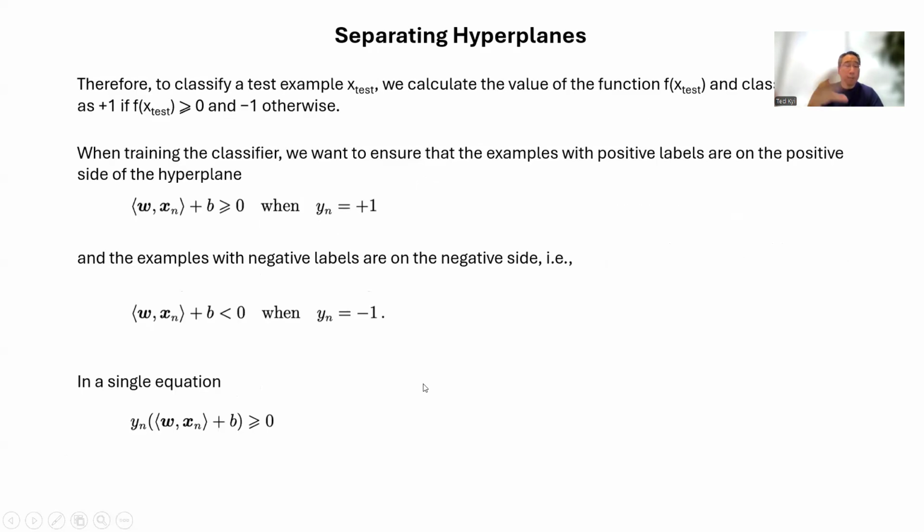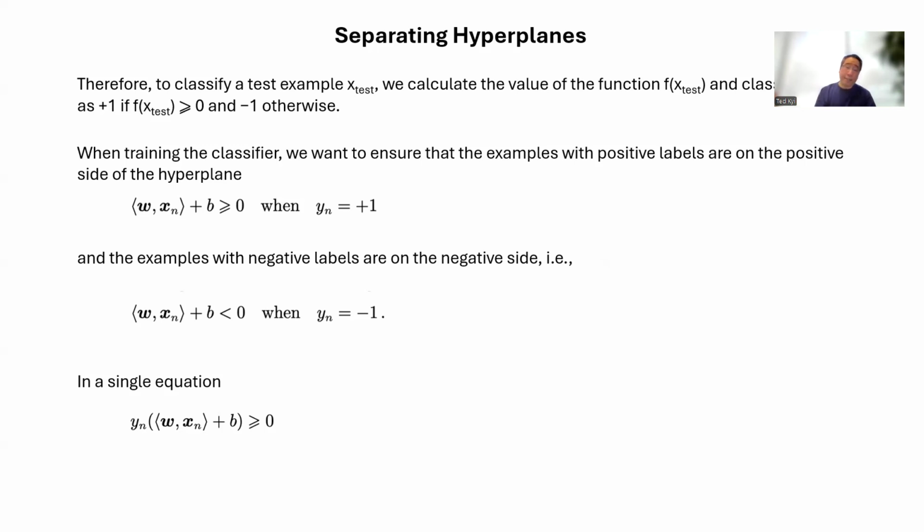All right, so there's a bunch of different math here, and when we talk about our classification problem, what we're saying is we want all of the positive data points to be on the positive side of the hyperplane, which means that Wx plus b, instead of equaling 0, that's the definition of the plane, we want it to be greater than 0 for all the positive examples.